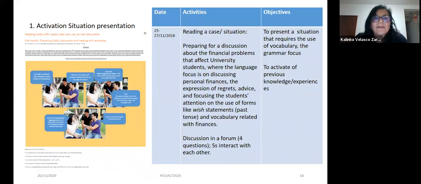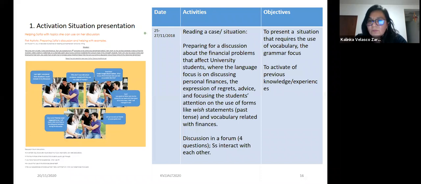This is what the activities in the activation, situation presentation phase look like. The situation consisted of reading a dialogue where students were talking about preparing for a discussion about the financial problems that affect university students. The language focus is on discussing personal finances, the expression of regrets, advice, and focusing the students' attention on the use of forms like wish statements in the past tense and vocabulary related to finances.